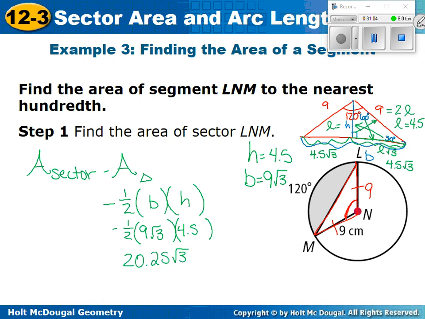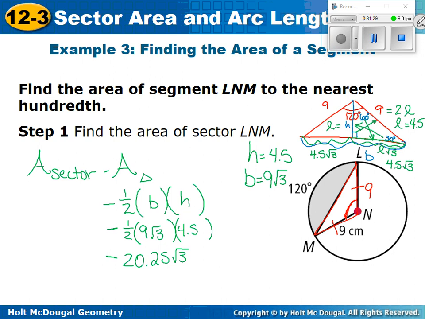Is that what you got? Did you do 1/2 of that? Okay, and then you've got to do 1/2 of that. Everybody with me? 20.25 square roots of 3? I'm a little worried. I don't see a lot of people writing things down or typing things in their calculator.